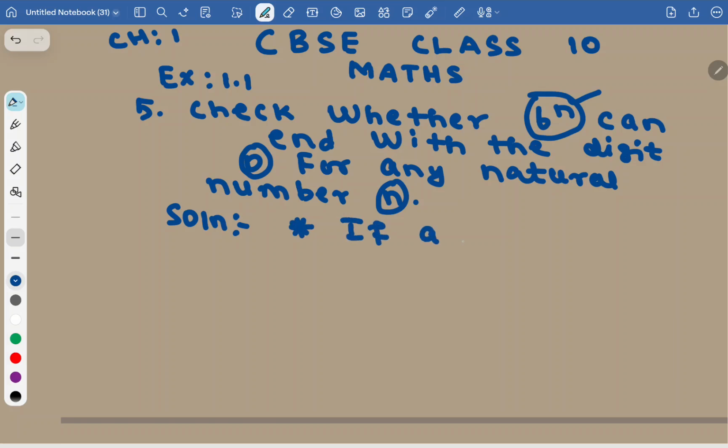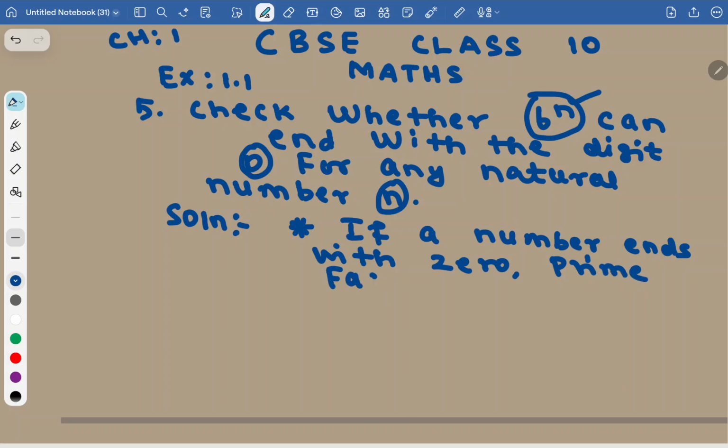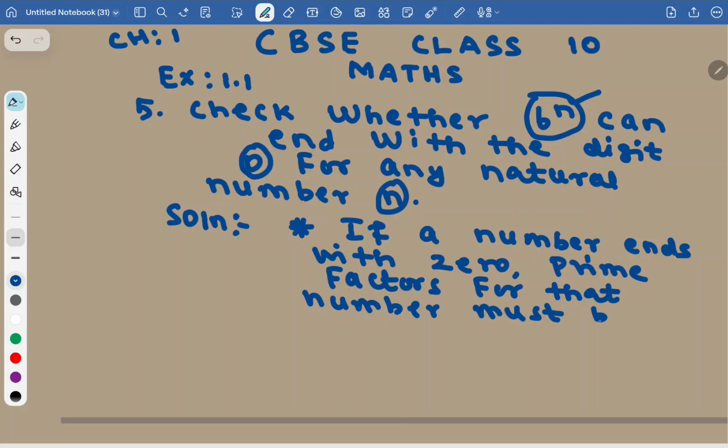If a number ends with 0, the prime factors for that number must include 2 into 5.